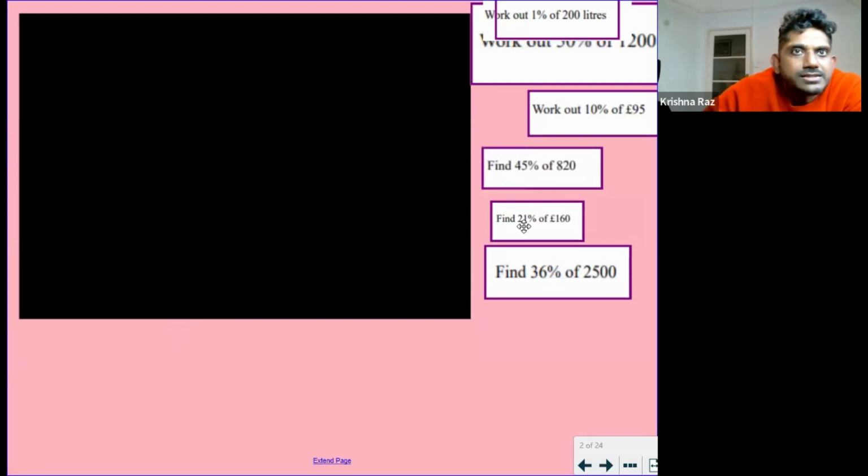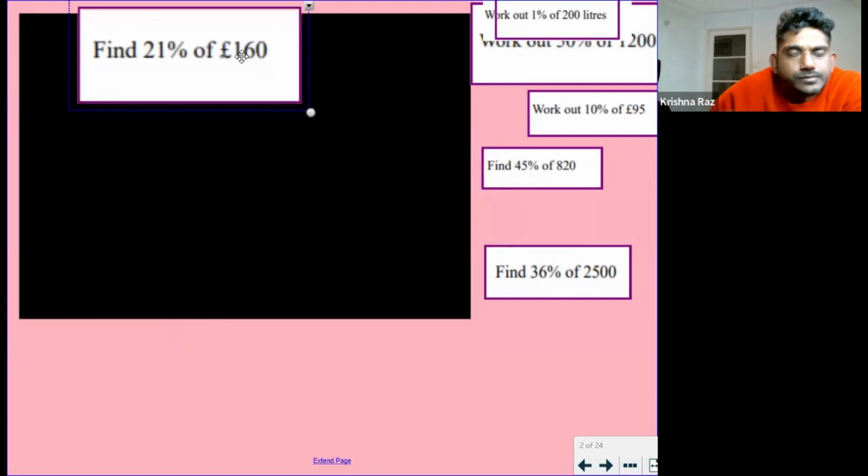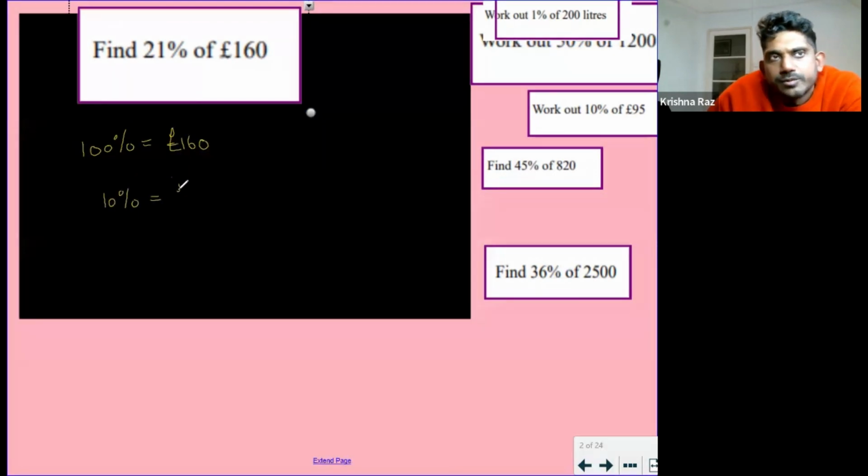21% I've got next. So again, we know 100% is 160. If I divide that by 10, I'll get 10%, which will be 16. Divide 10% by 10, I'll get 1%, which will be £1.60.